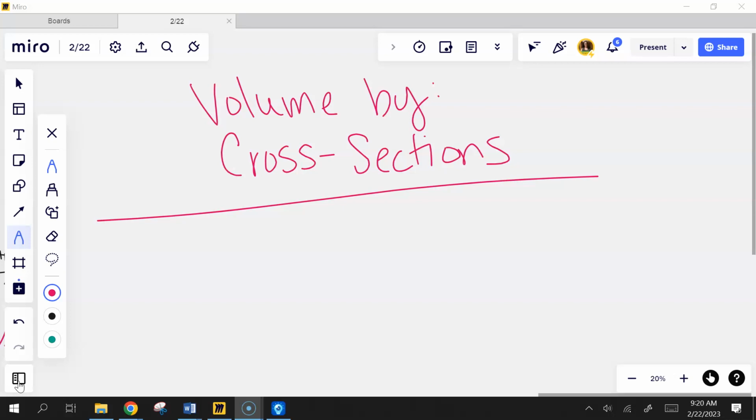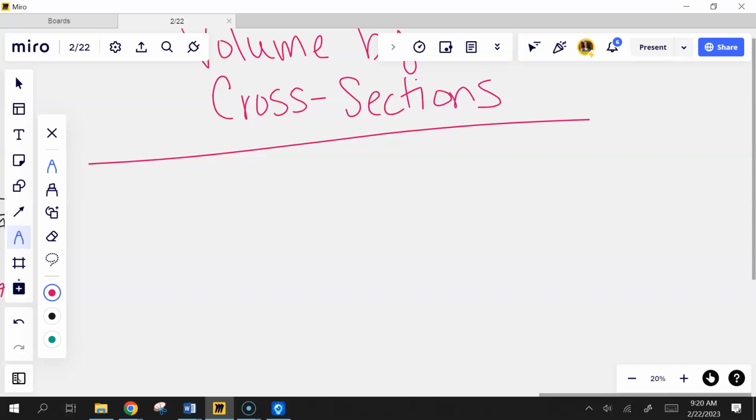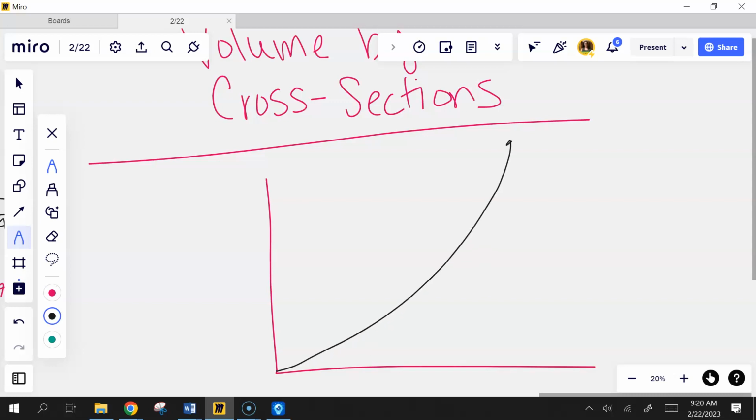Here's what we're gonna do. We're gonna take this solid shape that follows a curve of some sort, and let's just take something basic to start with. This is x squared, right? This just in this quadrant.